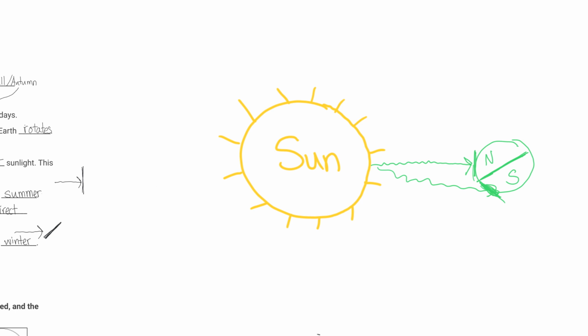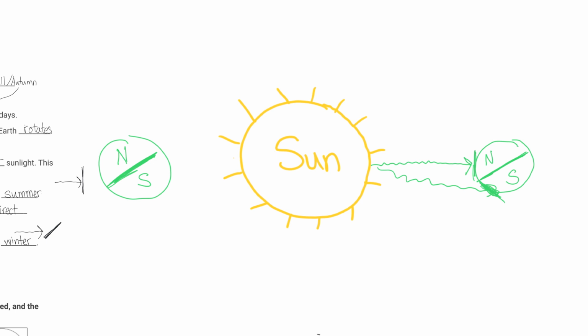Now, after 6 months, when the Earth has gone halfway around its orbit, the Earth is now over here. Let's try and make it more similar in size. The Earth is over here. And the axis has not changed its tilt. It's still tilted in the exact same way. This is the northern hemisphere. This is the southern hemisphere.